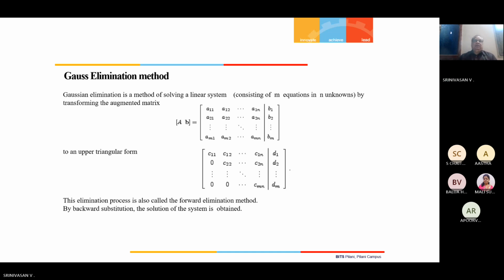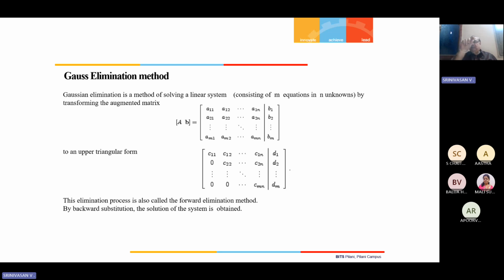Consider this Gauss elimination method, which is a method of solving a linear system as before, consisting of m equations and n unknowns in general, by transforming the augmented matrix AB into an upper triangular form. So your AB gets transformed this way. Just look at the first row, C11, C12, etc., C1n.